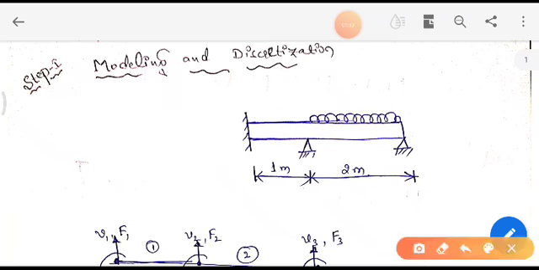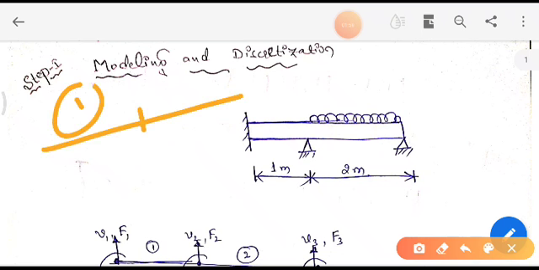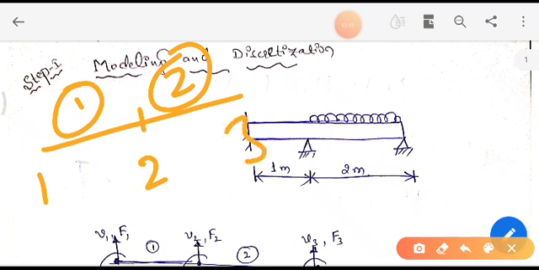Again, as we saw earlier, in a bar element each node has one displacement, meaning 1 degree of freedom. Here in the beam, each node has 2 degrees of freedom, because as I said earlier, beams are meant to carry vertical loads as well as torsional loads.